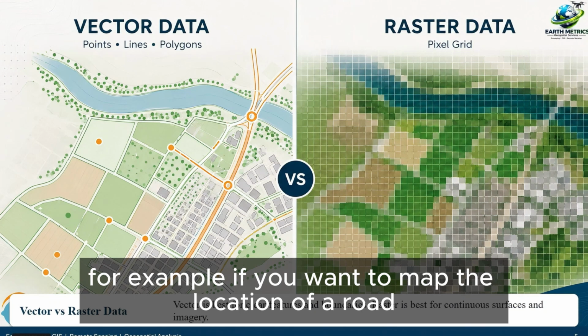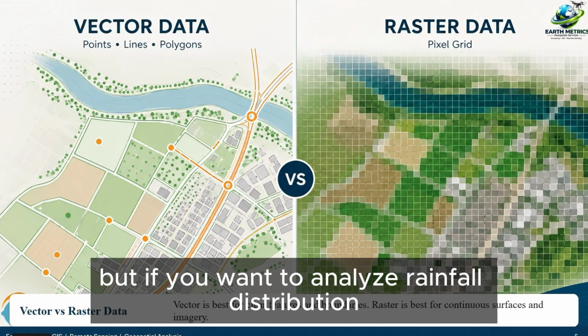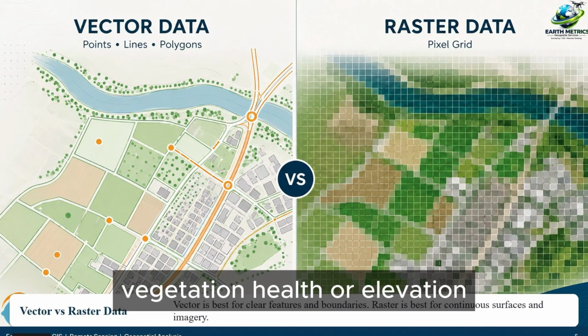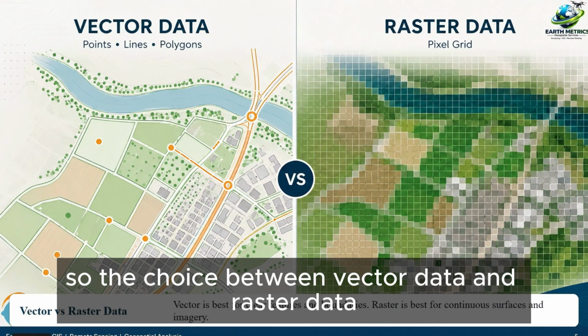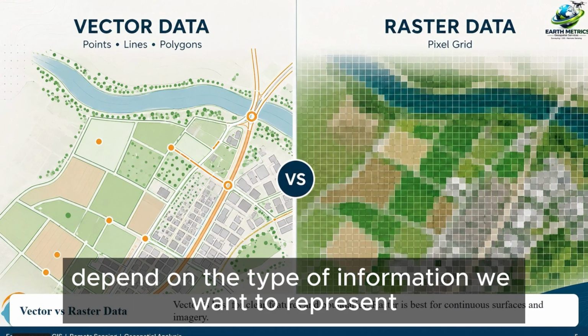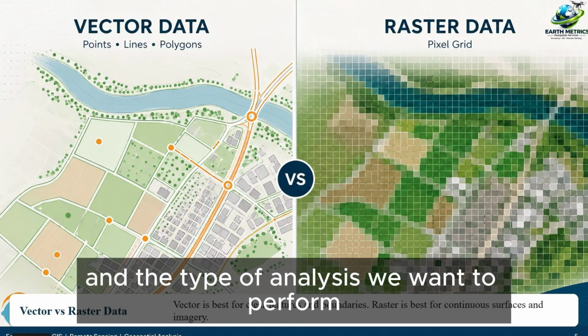For example, if we want to map the location of a road, vector data is usually the best option. But if we want to analyze rainfall distribution, vegetation health, or elevation, raster data is usually more suitable. So the choice between vector data and raster data depends on the type of information we want to represent and the type of analysis we want to perform.